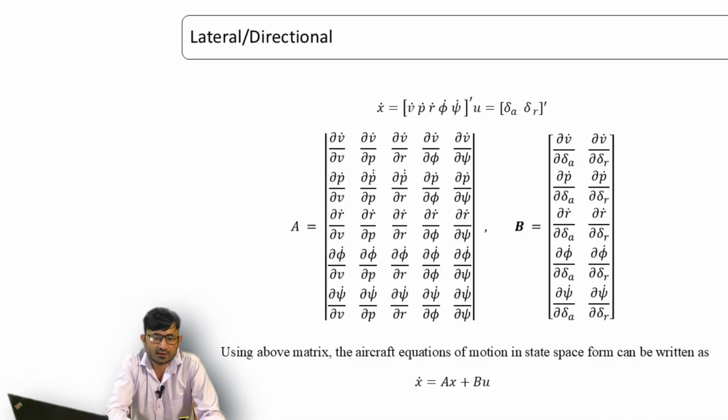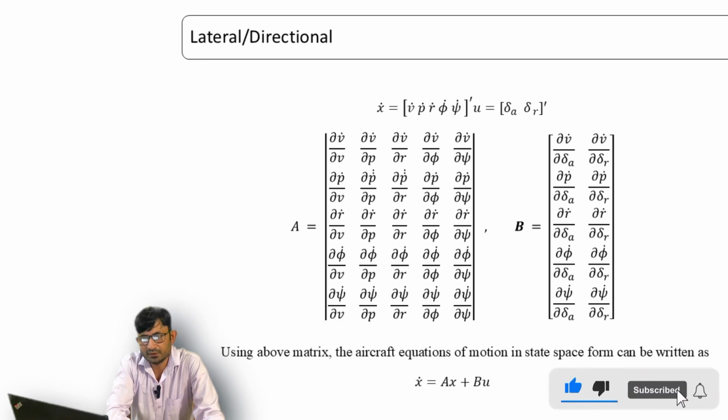All other parameters are available for this aircraft; you can go to the internet and take the parameters. And if you don't get them, you can ask me. I will provide you the data separately, like mass, inertia, wingspan, area, chord, etc. If you want, I can provide the aerodynamic model also, which I have estimated analytically.